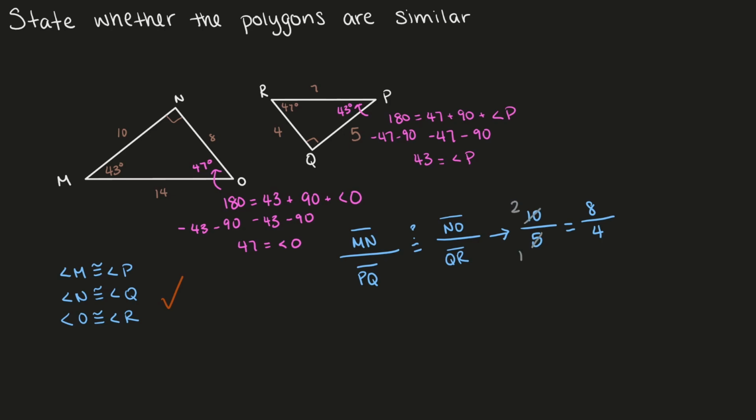On our right side, we can factor out a 4, and we're left with 2 over 1. So 2 over 1 is equal to 2 over 1, which means these two figures are similar. And our scale factor of our first figure to our second figure is 1 to 2, because one side in our first figure takes double the side in our second figure.